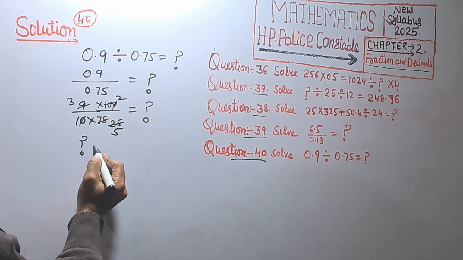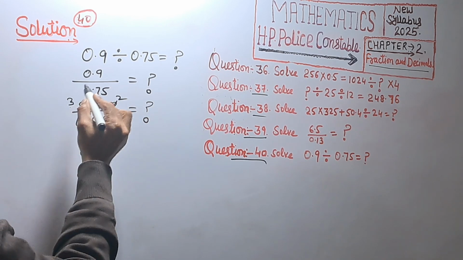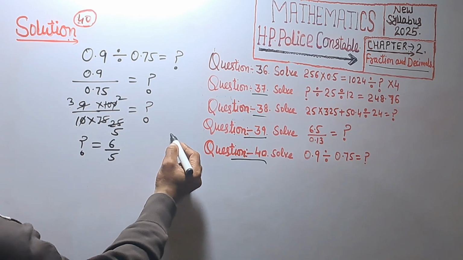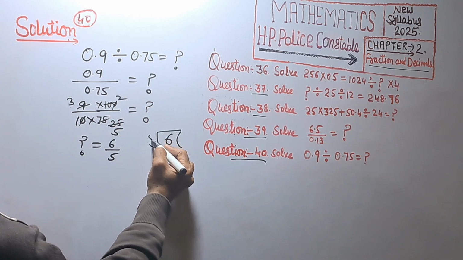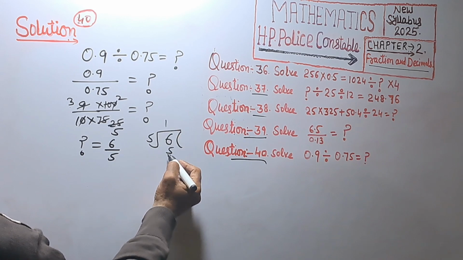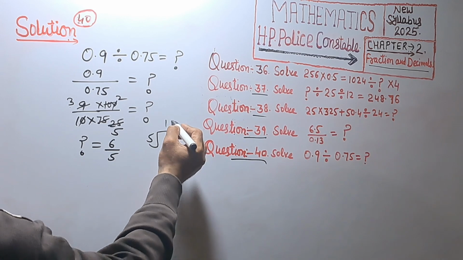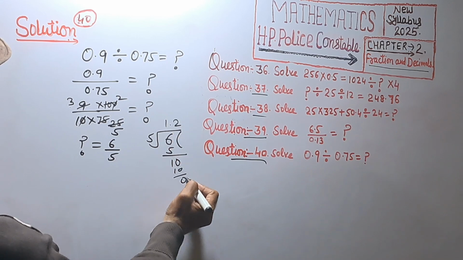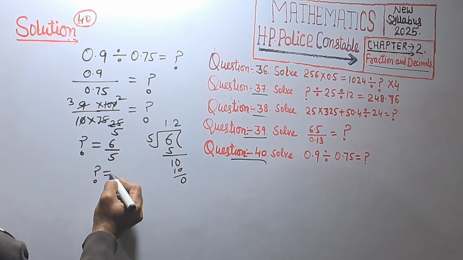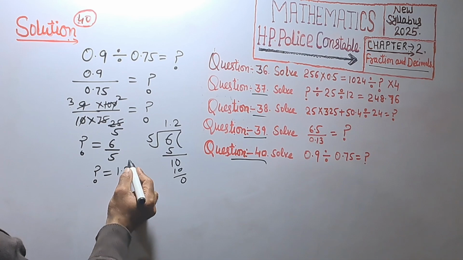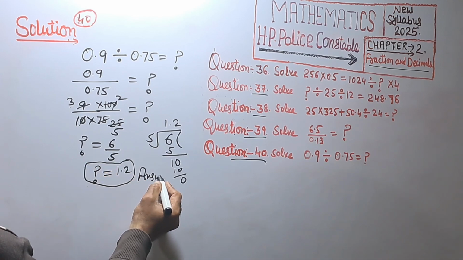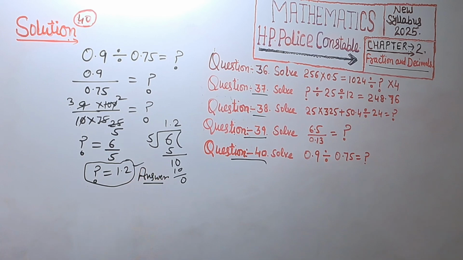So ? is equal to 3 multiplied by 2. 3 twos are 6 upon 5. 6 divided by 5. 5 ones are 5. 1.0 2s are 10. So ? we get 1.2, answer.